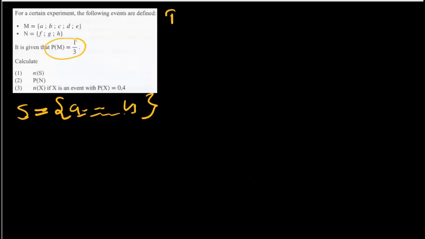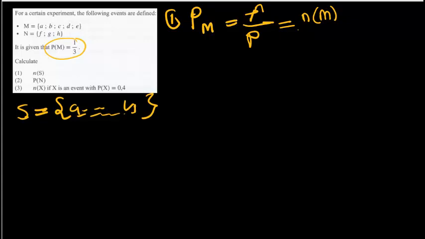So let's answer question number 1, in which we are first going to do the probability of M happens when we're looking at favorable over possible. Another way of writing this is the number of items possible for M, or the number of options in M, over the number of options in S. That is more accurate than this.